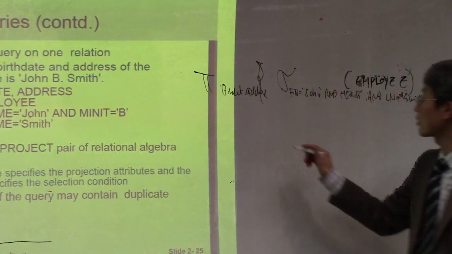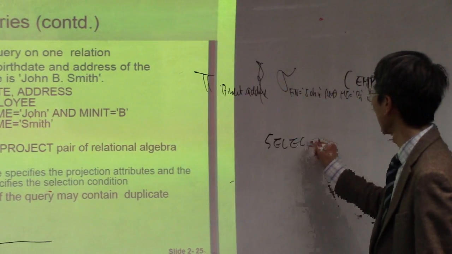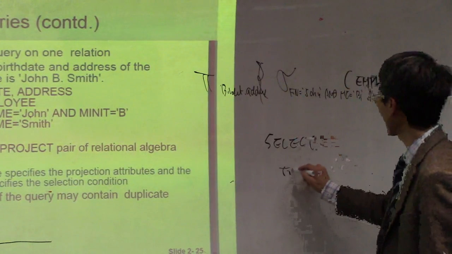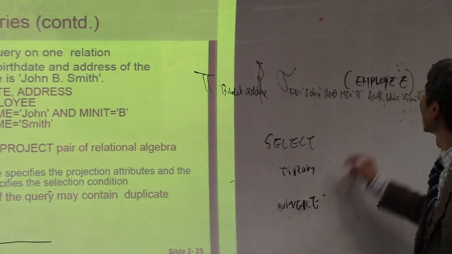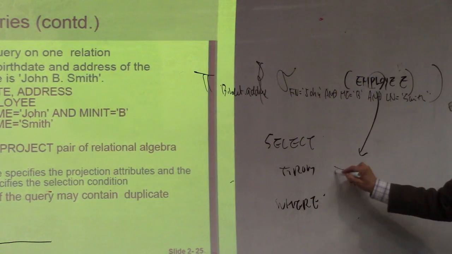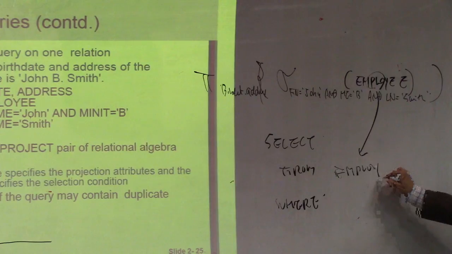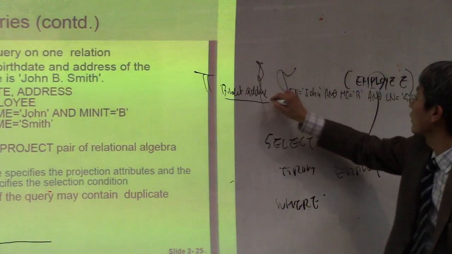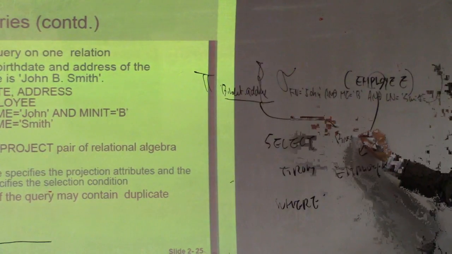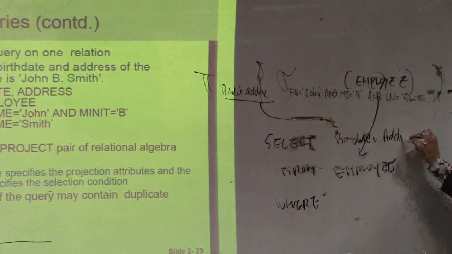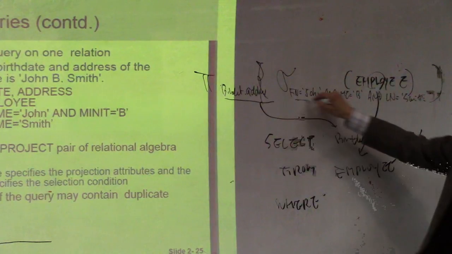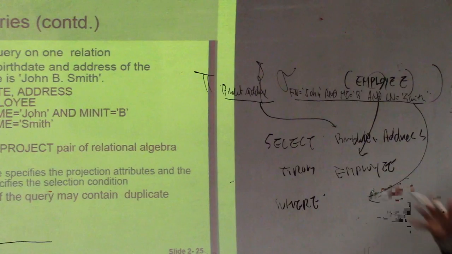We already did this. As we have learned before, select from where is going to be from employee, columns birthday, B-date, address, and the condition goes here. That's it.